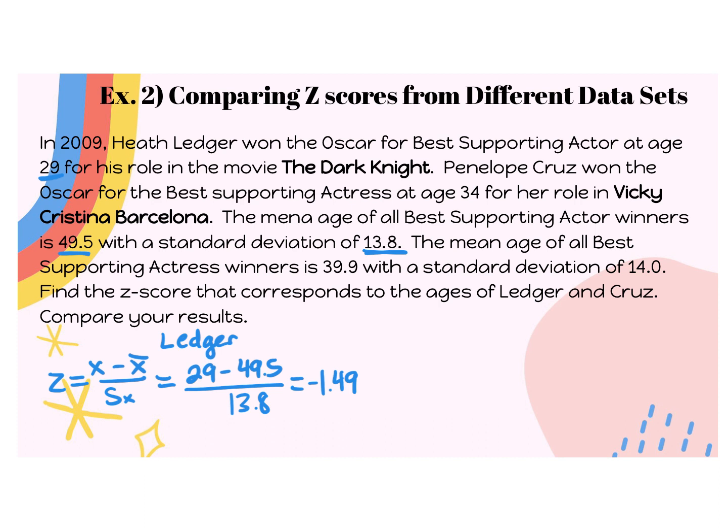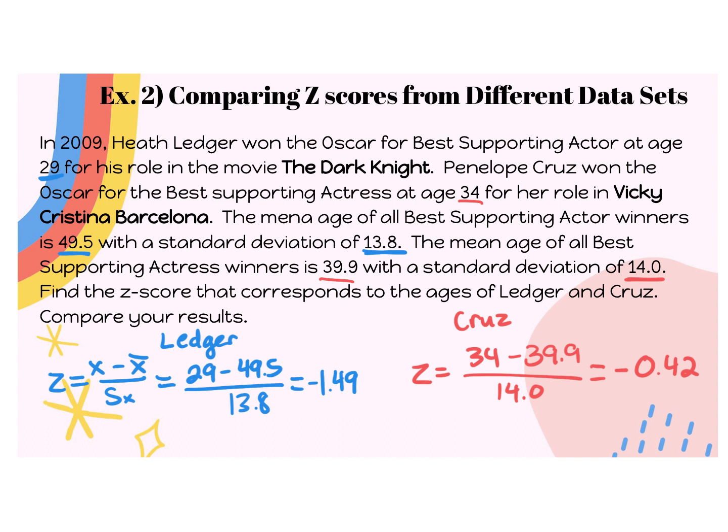Now let's do Cruz. It's that same formula. We need our data point, which is 34, minus our mean, which is 39.9, all divided by our standard deviation of 14. And we should get a z-score of negative 0.42.